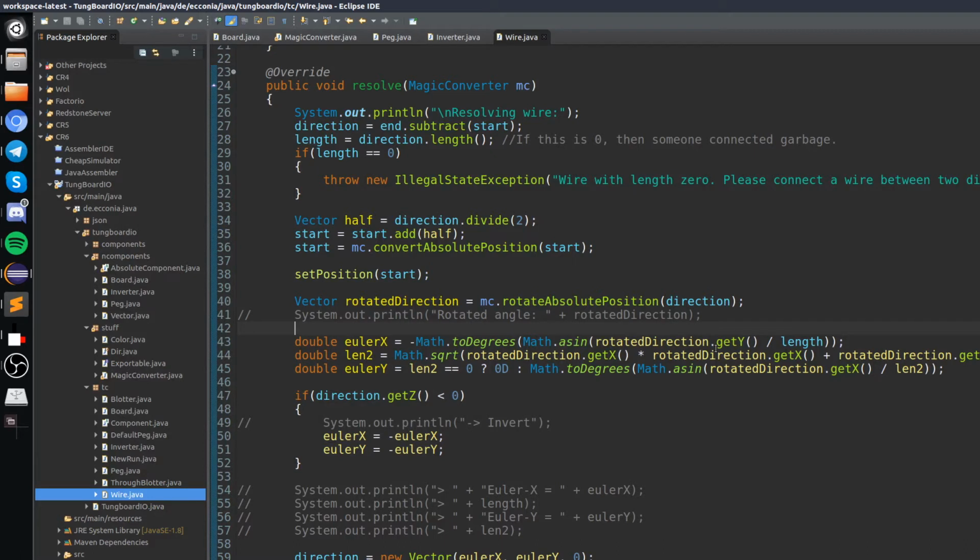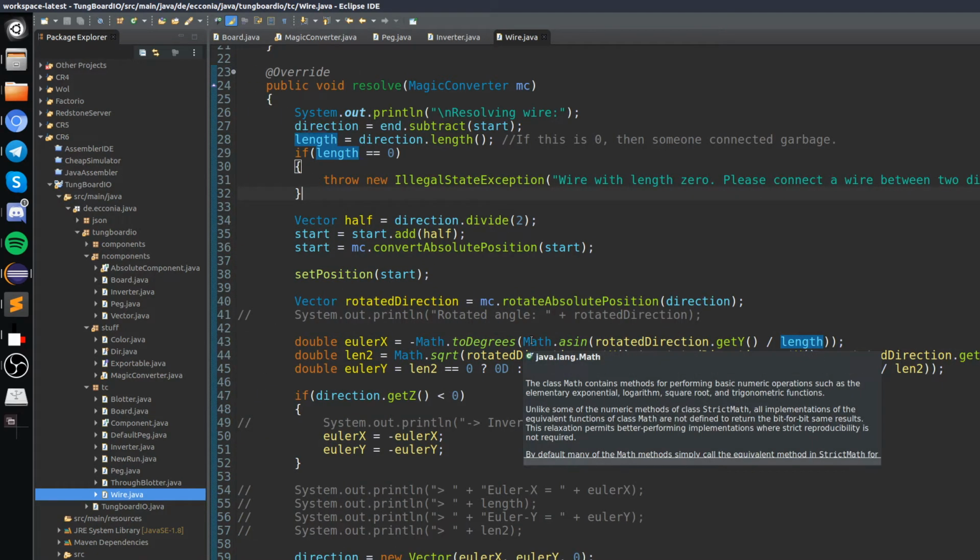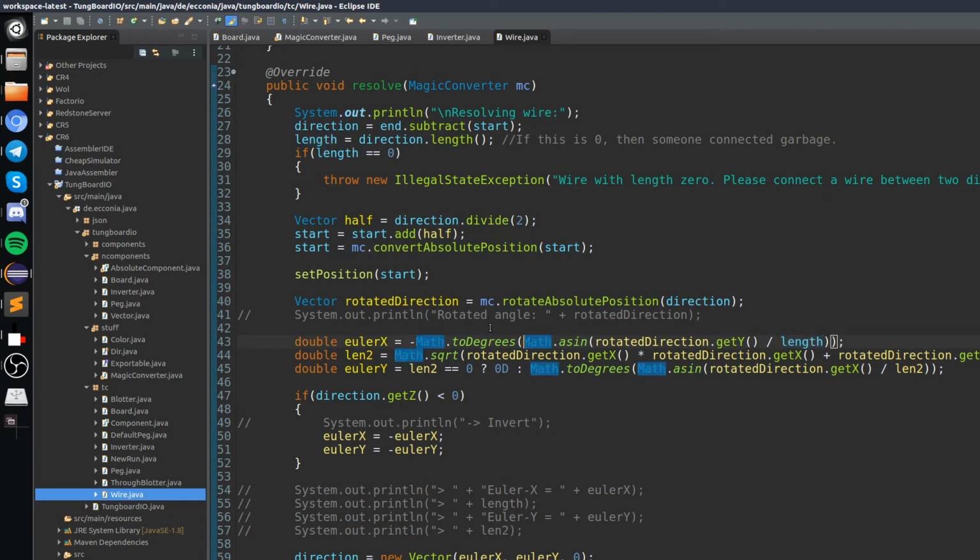Y should be 0. So if this is 0, then there is no y rotation. No change in y. I divide that by length. Length shall not be 0. If that is the case, someone messed up the positions. And then I get the sinus, converted to degrees because the file needs degrees, and inverted because of the direction.